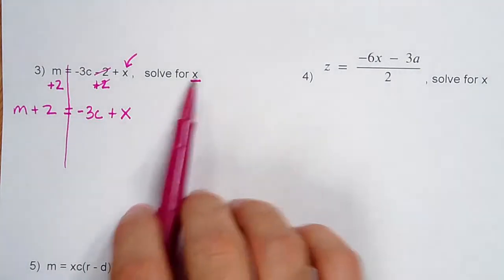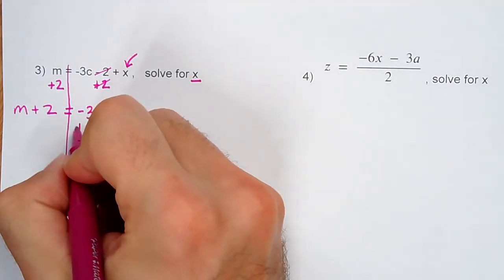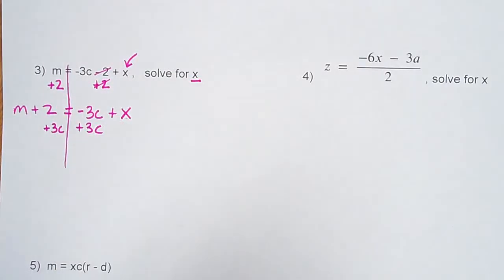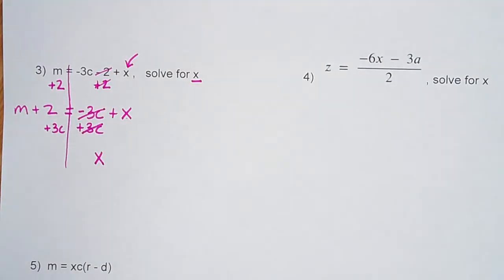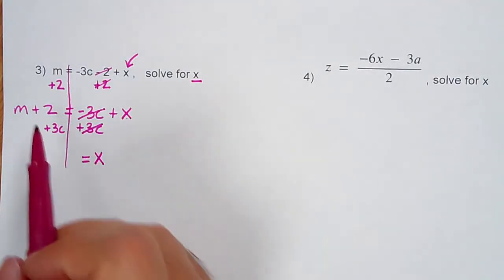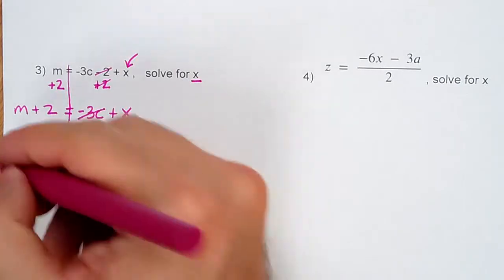Not finished. X is not by itself. I have to undo this minus 3c, or get rid of the negative 3c by adding 3c on both sides. Leaves me with my x, which is equal to, these terms are not like, so I'm going to write it out the long way.